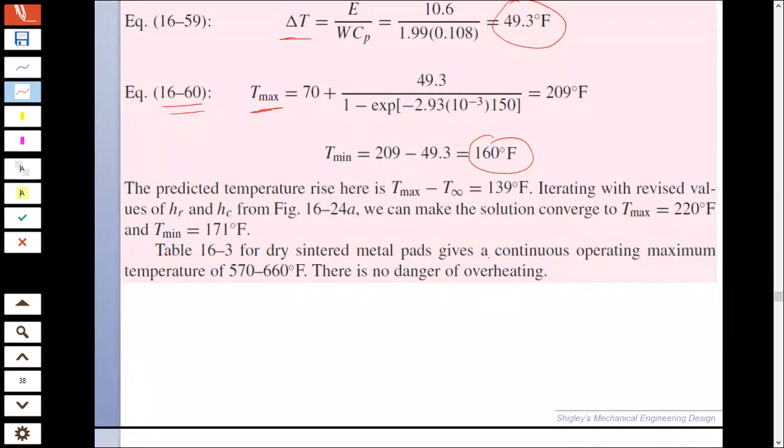Now the predicted temperature rise would be T max minus T ambient, which is 139 degree F. You can also iterate with a revised value of HC and HR and make the solution converge to a T max of 220 degree F at T minimum equal to 171.